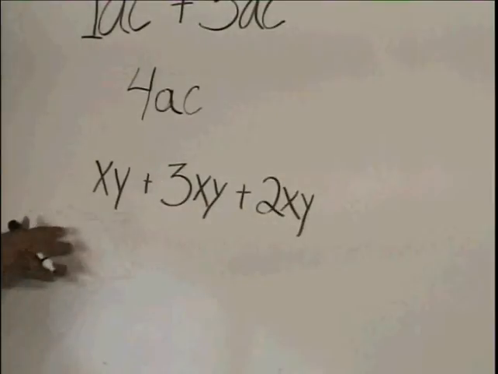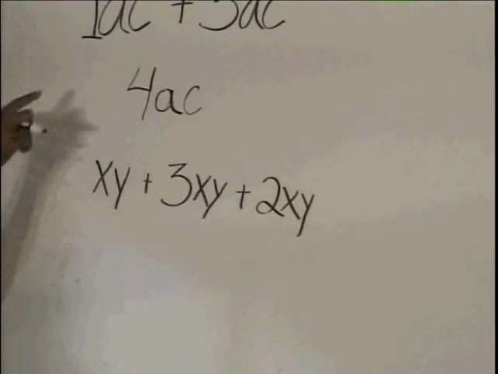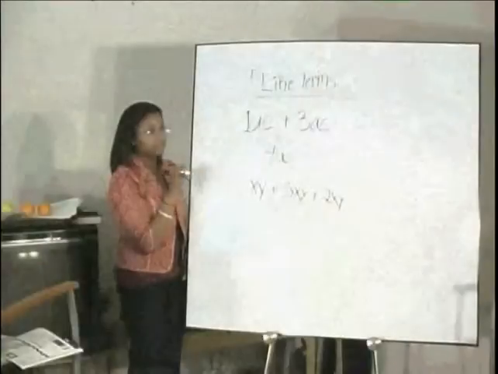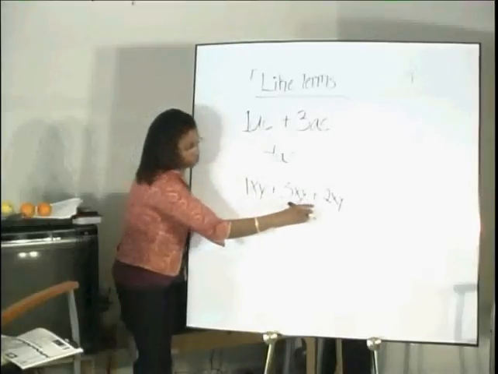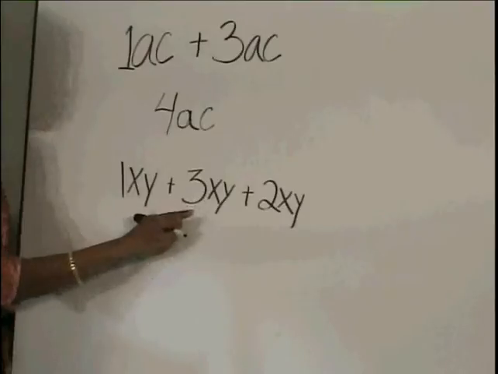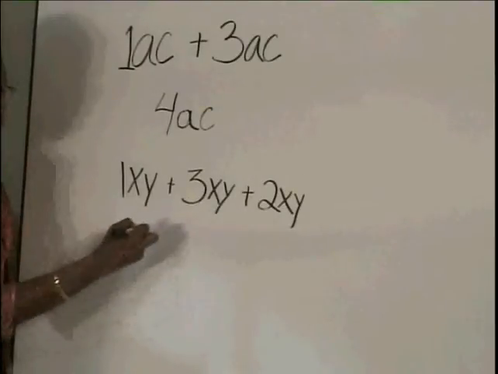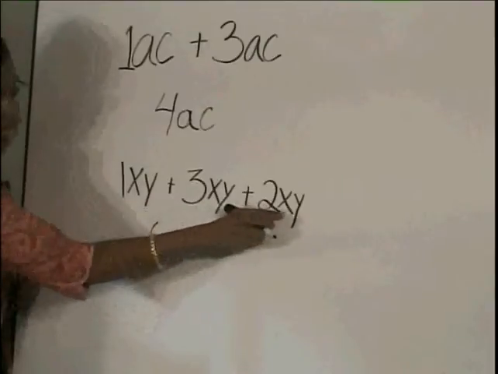So it follows the rules of having the same variables, but there's not a coefficient here. Now, what did we learn from the last one when that one didn't have a number? We just stuck a 1 in front of it. And since these are all addition, we can add them. 1 plus 3 is 4. 4 plus 2 is 6. And what do these all have on the end? XY.